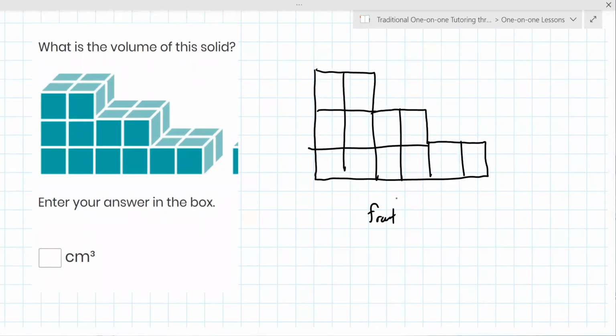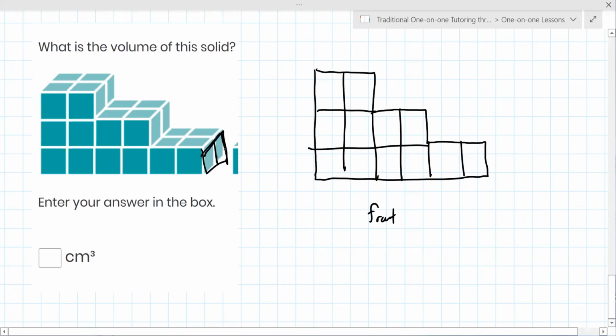So do I just count them? Yes. 12. Now, if you go to the side, do you see that there are 2 of these? Yeah. So you take your 12 and multiply it by 2. 24. Yes.